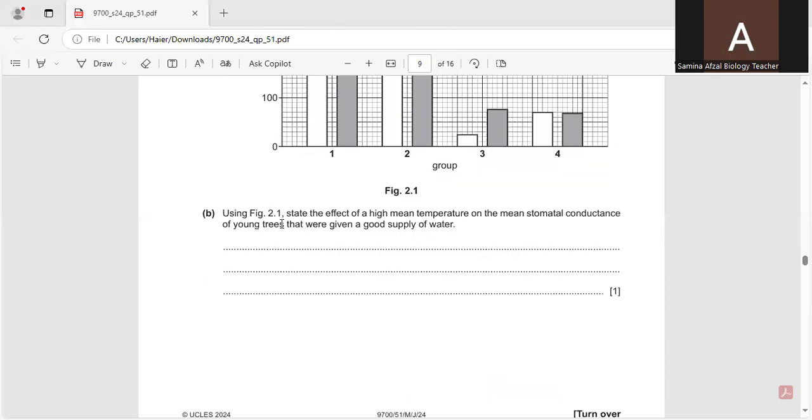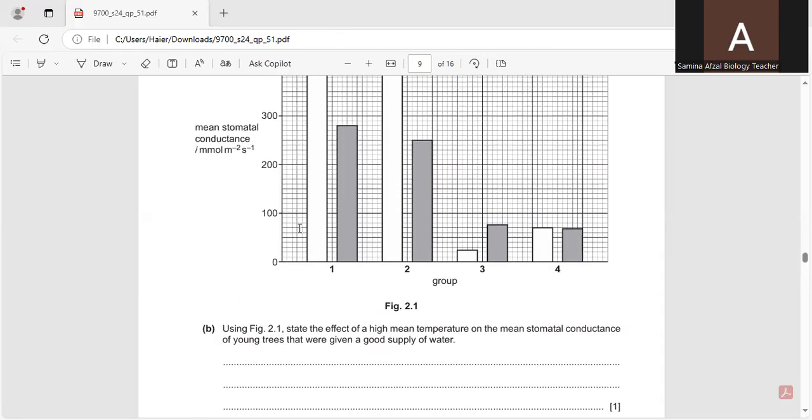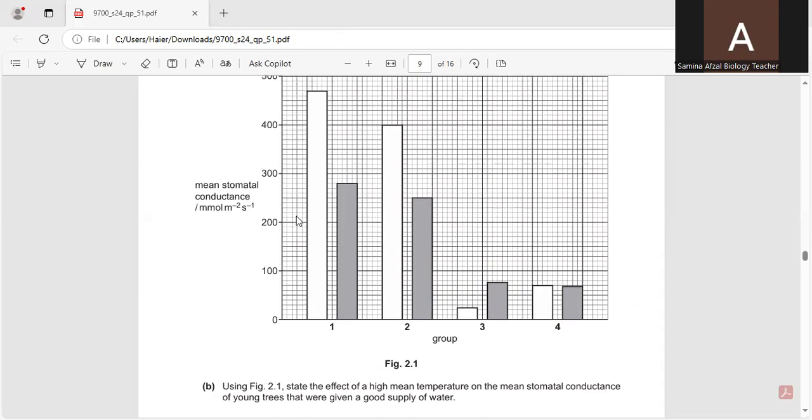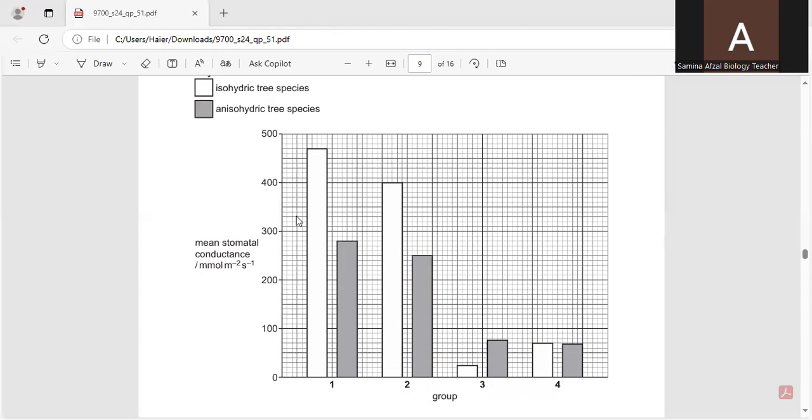Using figure 2.1, state the effect of high mean temperature on the mean stomatal conductance of young trees that were given a good supply of water. So it means isohydric tree species. They are talking about isohydric tree species. It means the bars which are shown with the white color.